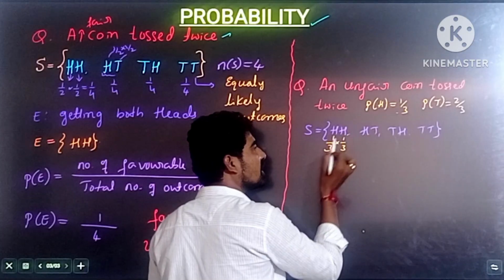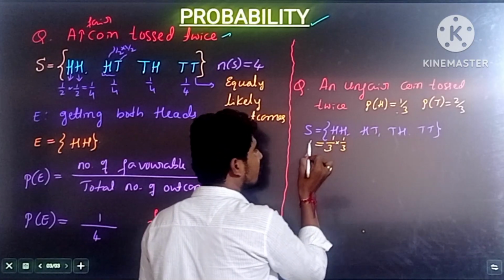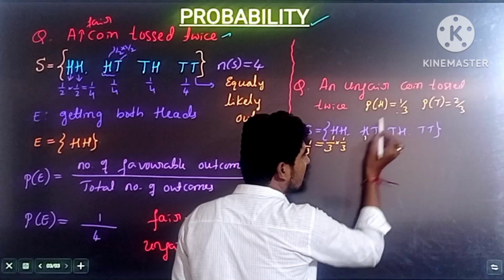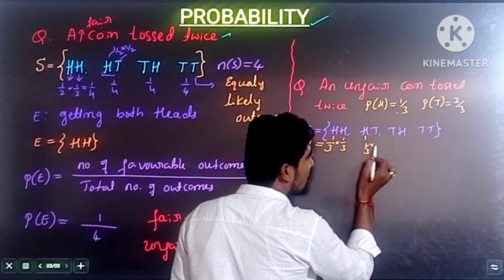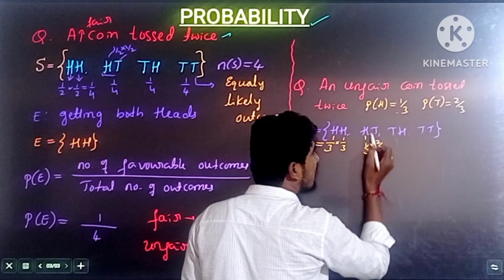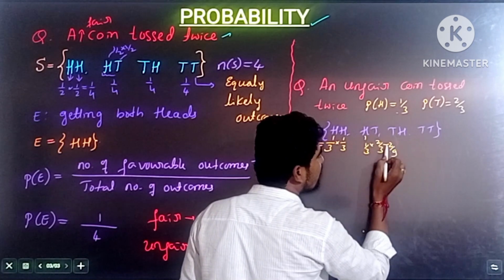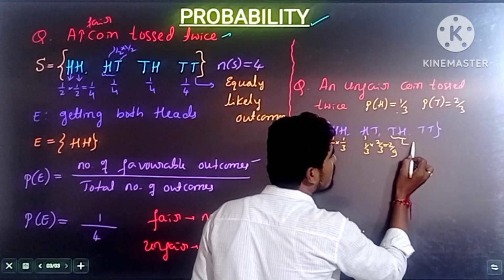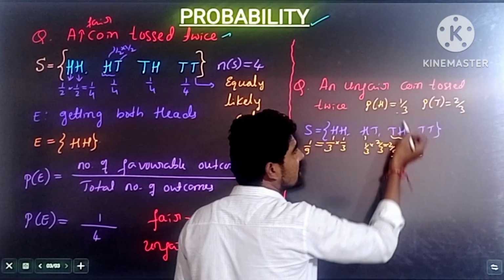It means the probability of getting head head is 1 by 9. For head tail, the probability of getting head is 1 by 3 and the probability of getting tail is 2 by 3, so the probability of getting head tail is 2 by 9. Similarly, the probability of getting tail head is also 2 by 9, because 2 by 3 into 1 by 3.